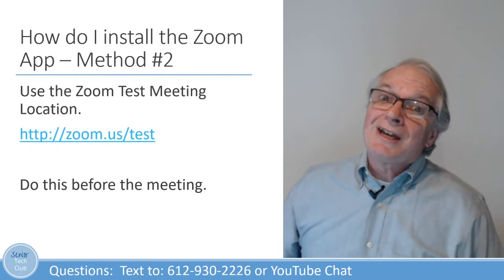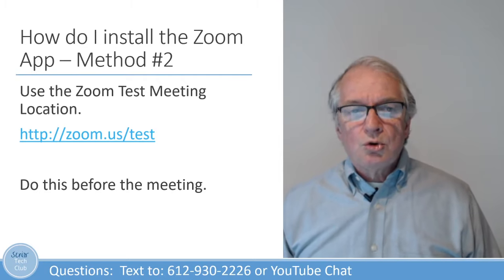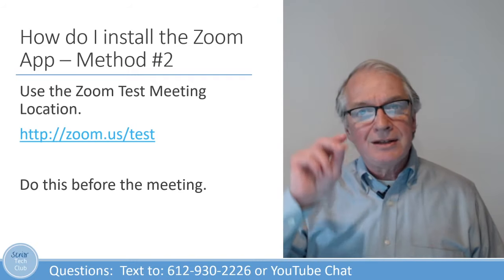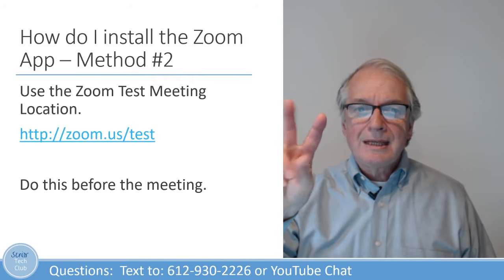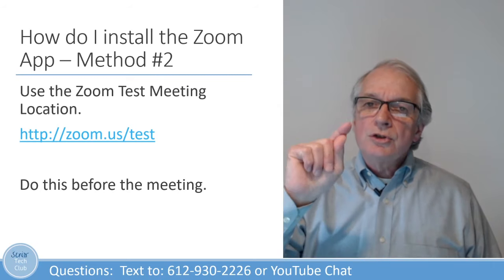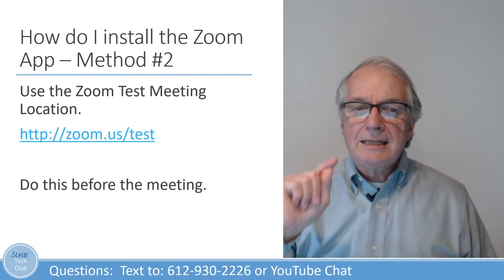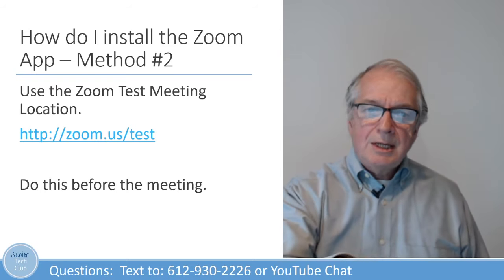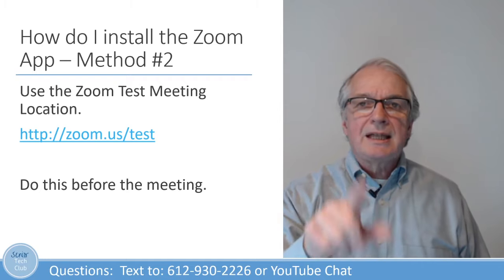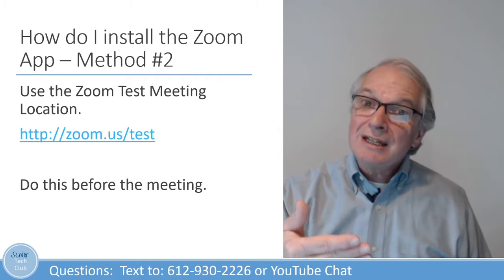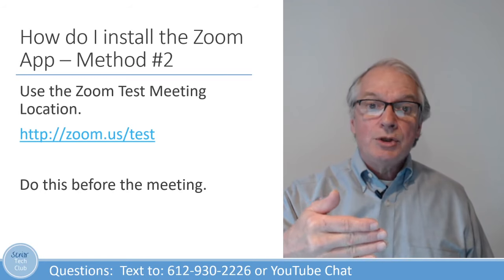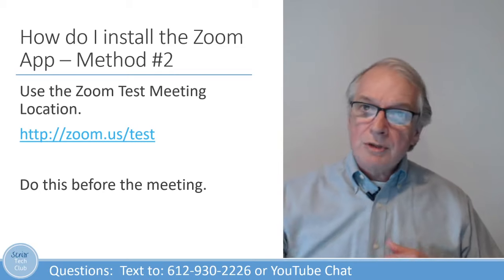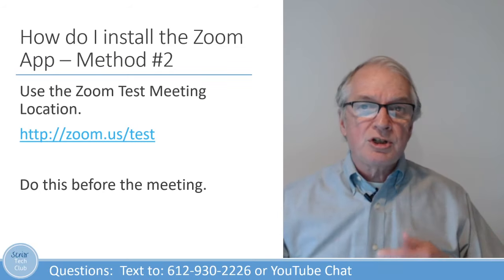Now, there's another strategy that you can do in order to install the Zoom app, and I refer to this as method number 2, and that is Zoom has a test meeting location. If you notice, the address is zoom.us/test, so that you can enter that address into a web browser like Safari or Chrome or Microsoft Edge.